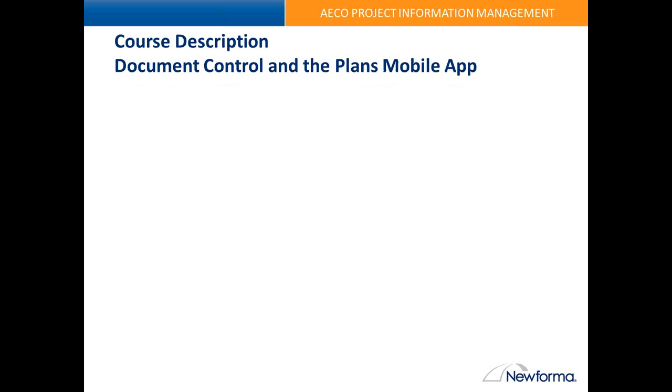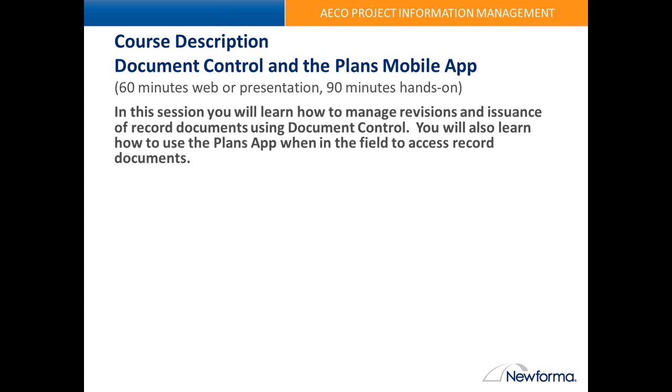The course description that is provided to our customers for document control and the Plans mobile app indicates that it's a 60-minute web presentation or a 90-minute hands-on presentation. And we tell them that in that session they're going to learn how to manage revisions and issuance of record documents using document control, and how to use the Plans app when in the field to access those record documents.